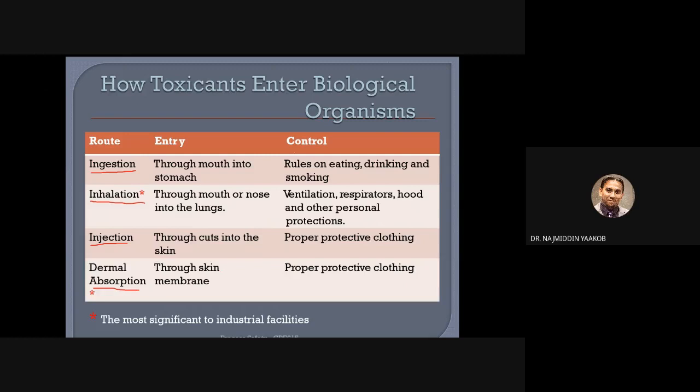To control these, for ingestion, you have rules on eating, drinking, and smoking. For inhalation, you have to prevent inhalation of the toxicant: you have ventilation, respirators, hoods, and other personal protection. To prevent injection through cuts in the skin, you use proper protective clothing.